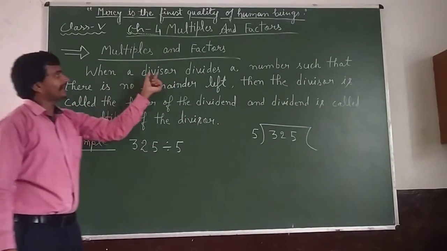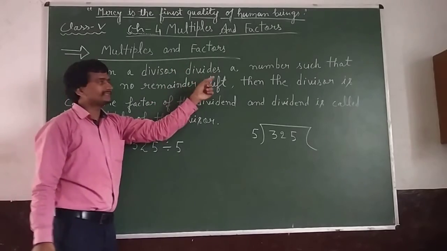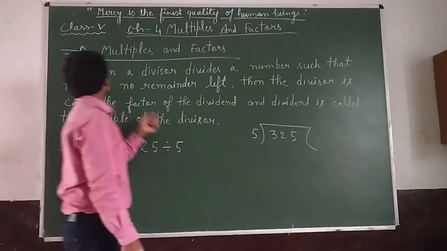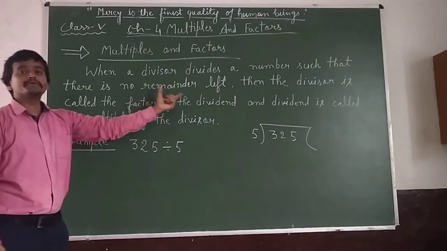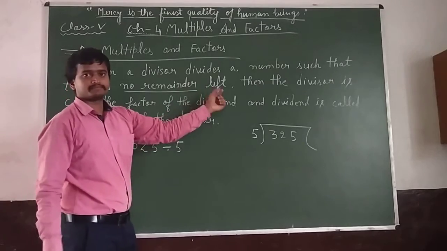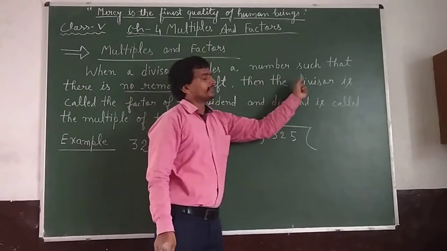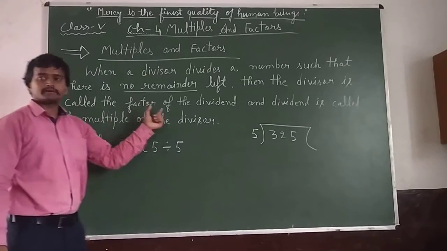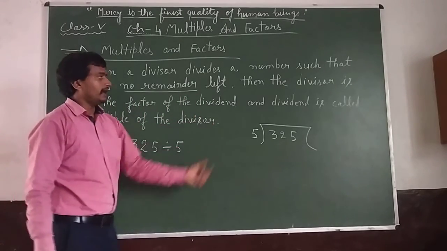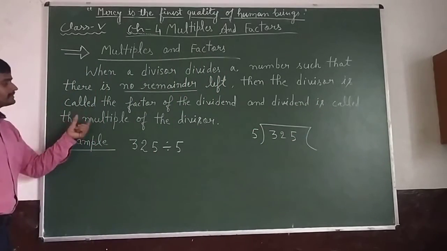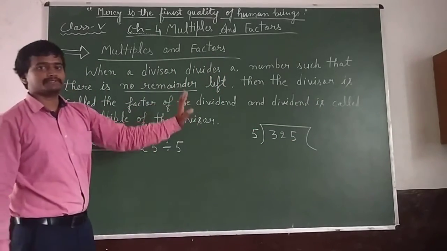When a divisor divides a number such that there is no remainder left, then the divisor is called the factor of the dividend, and the dividend is called the multiple of the divisor.